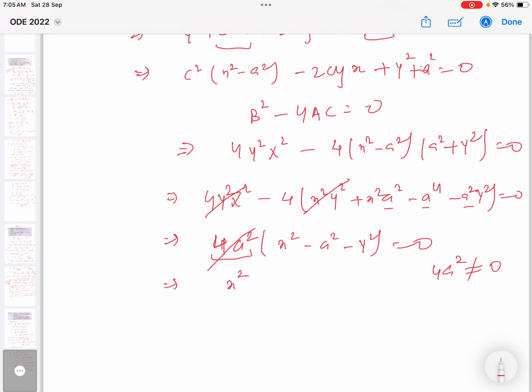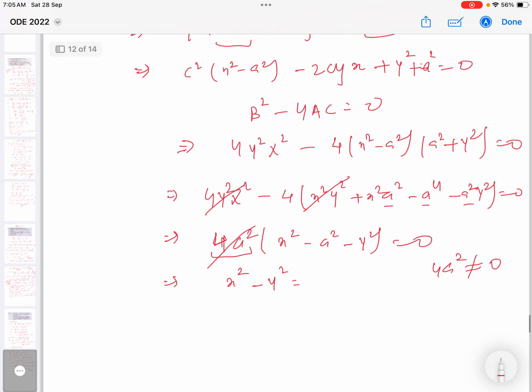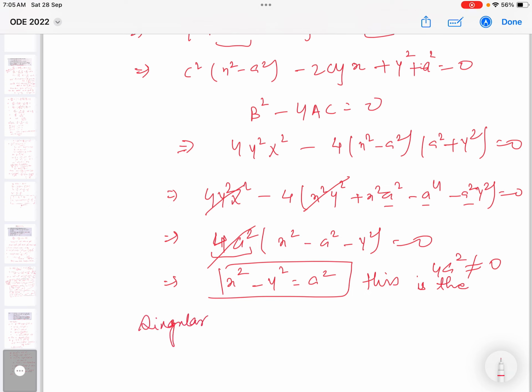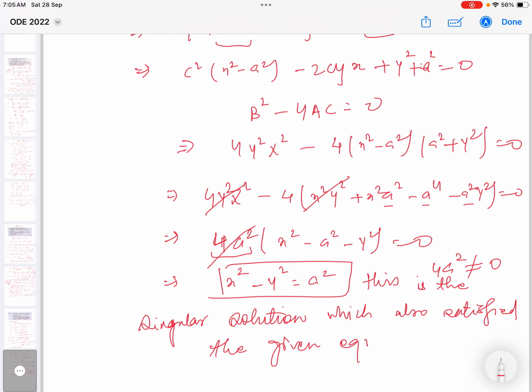So it becomes x square minus y square equals a square. This is the singular solution, which also satisfies the given equation 1.